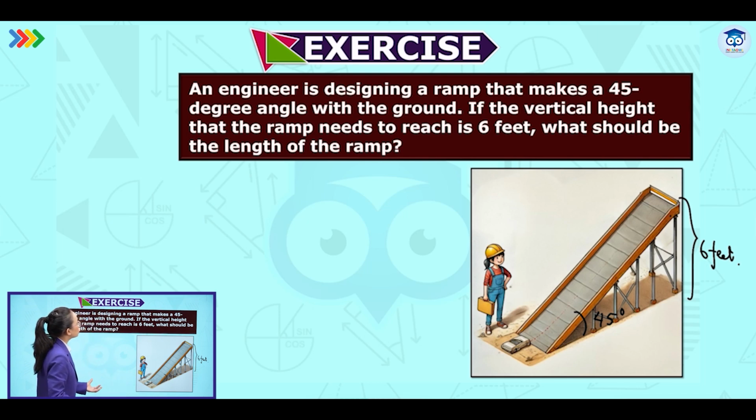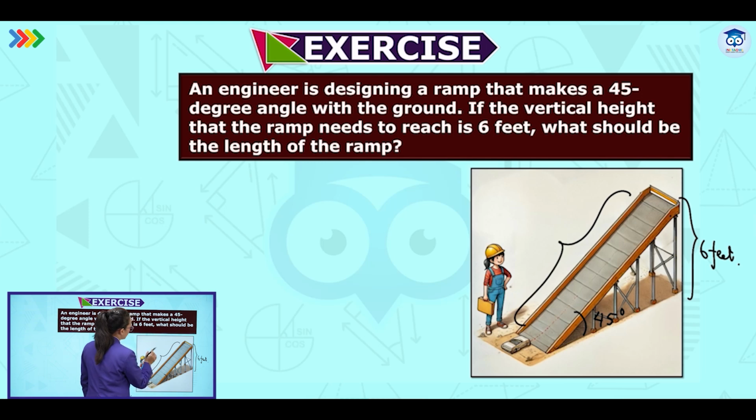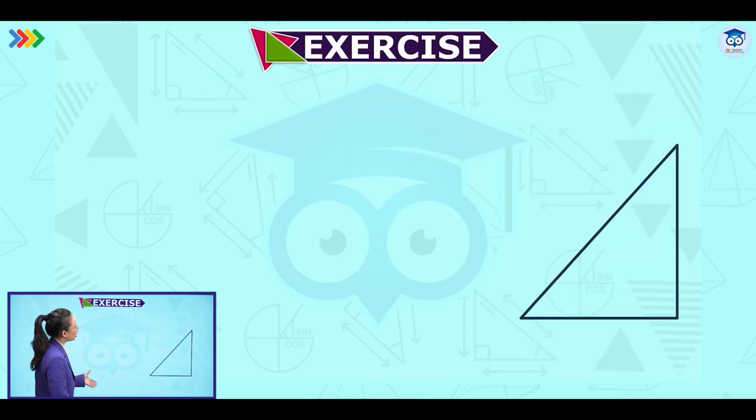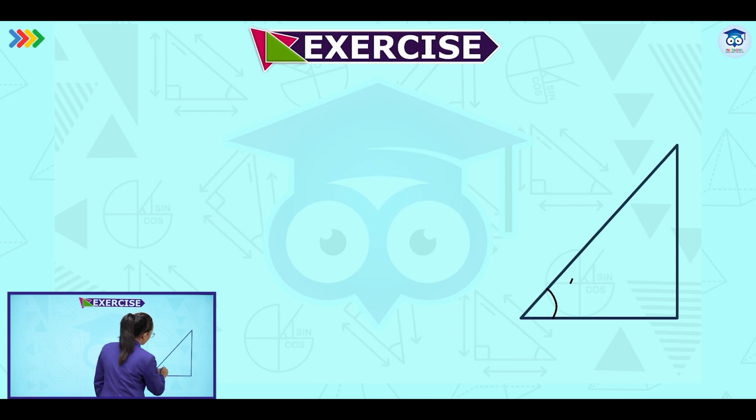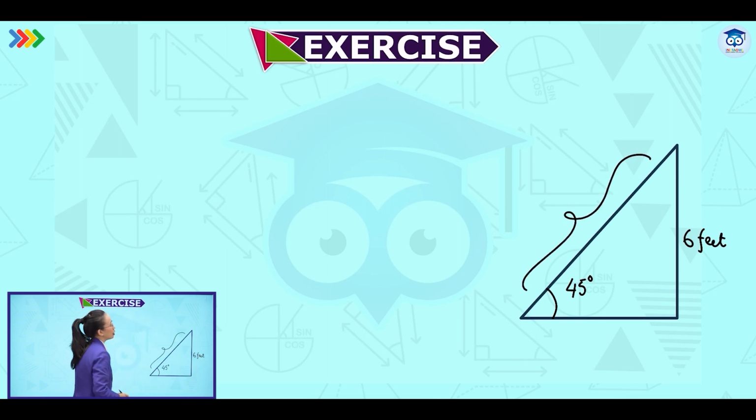Now what should be the length of the ramp? So we are going to calculate this length, that is the hypotenuse, right? So this can be considered as a right angle triangle, right? With this as 45 degree and this as 6 feet. So this is the length of the ramp that we require.